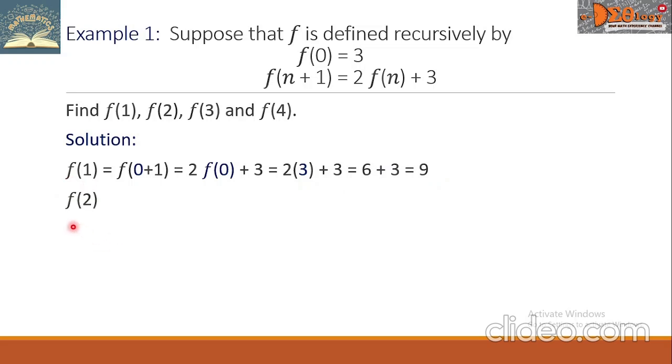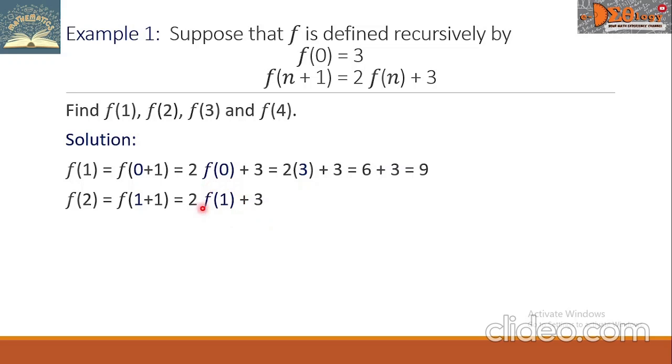Then f of 2. Considering our f of n plus 1, we rewrite the f of 2 as f of 1 plus 1, meaning the n value is 1. Considering now the right-hand side value, we write in here 2 times f of 1, plus 3.